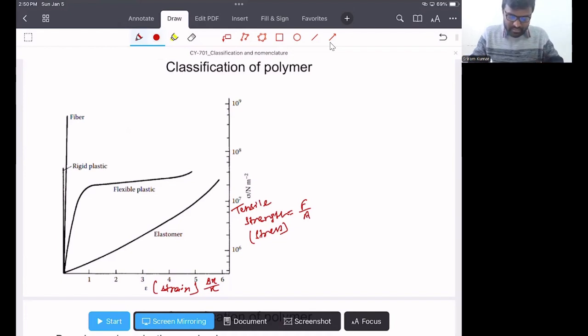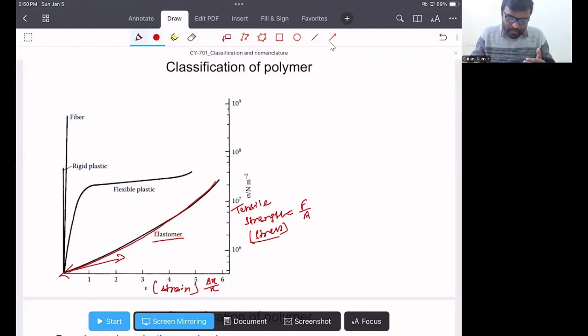If you look at the variation of the strain with the stress, we have some very important observations. For elastomers, even at very low stress or tensile strength, there is a huge change in the strain, or the change in the length of the polymer.